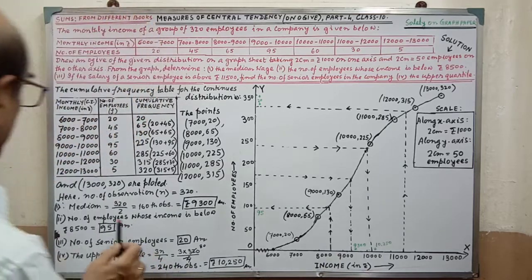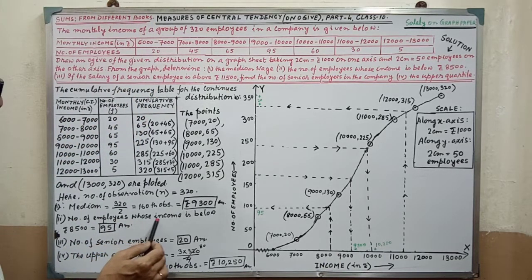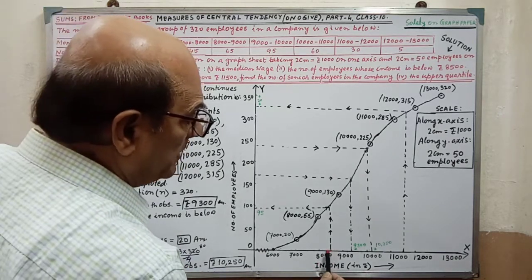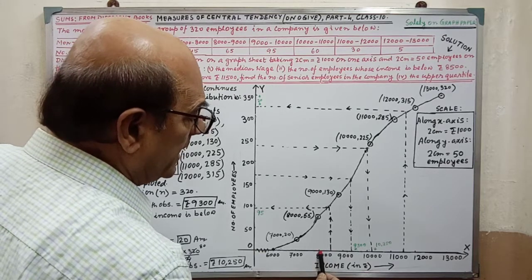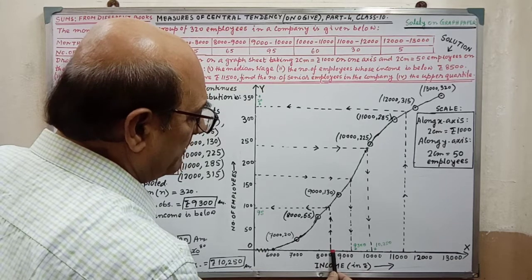Then after median, then we have to find out number of employees whose income is below 8500. 8500, that is between the 8000 and 9000, that is the middle point.